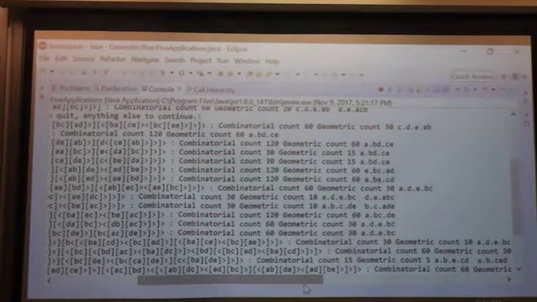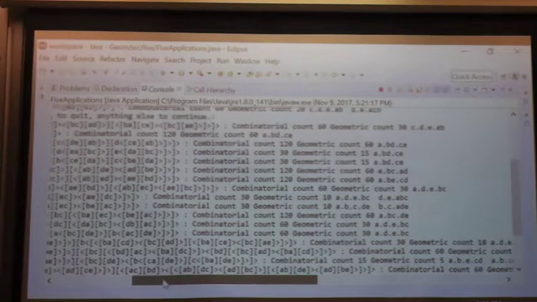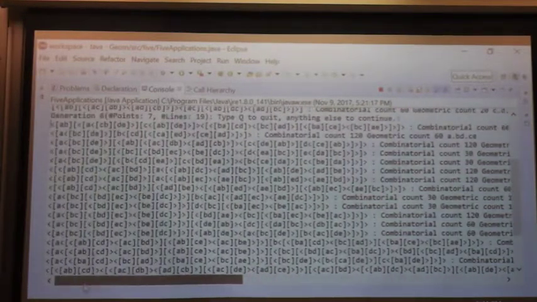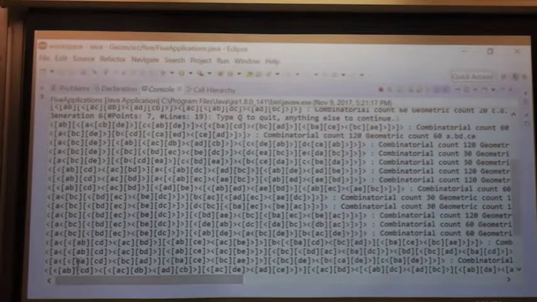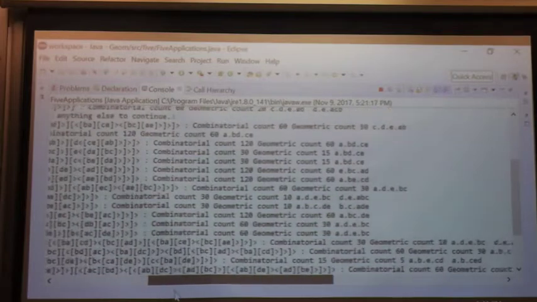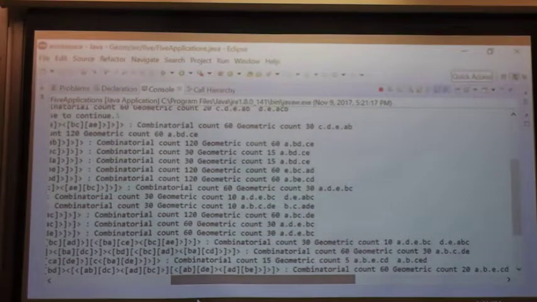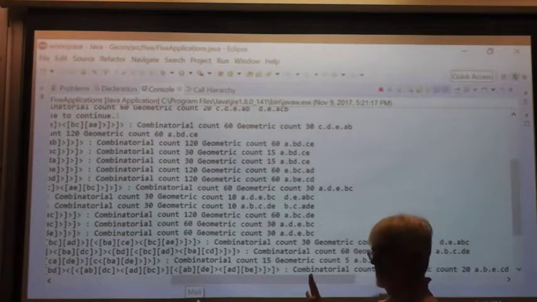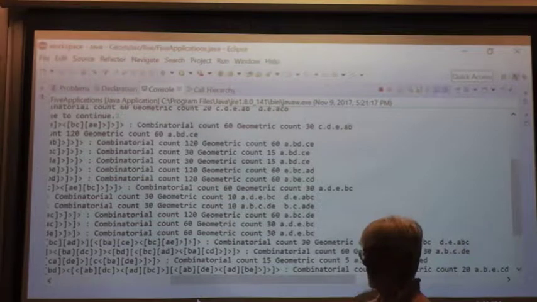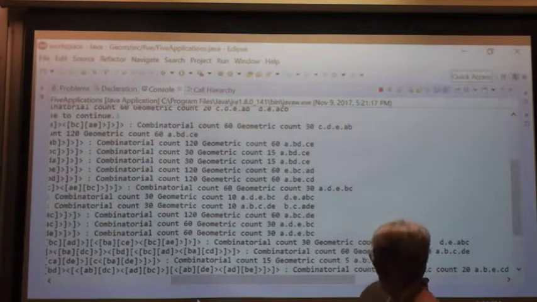So at the next level, here is a theorem about a new set of points. On the last but one line, there's a very complicated looking point. Combinatorial count 15, geometric count 5. Starting from the 5 original points, there's another set of 5 distinguished points that can be produced by a fairly short recipe, although it looks long here.